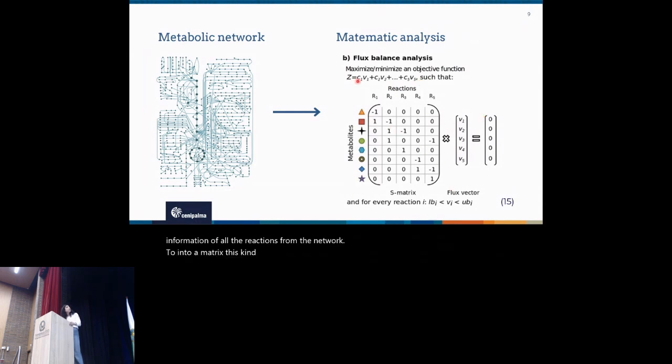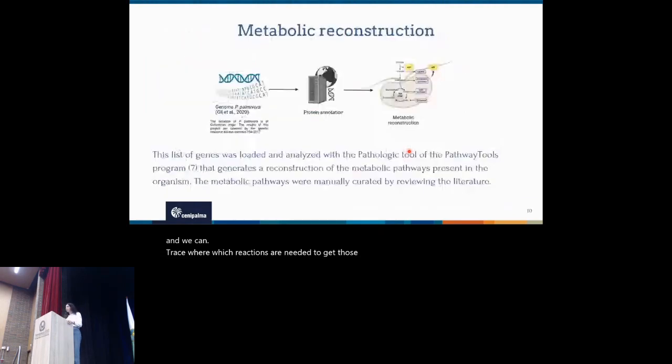This kind of matrix where we have the reactions and the metabolites or compounds, and we have the stoichiometric information, and we optimize the production of some compounds. What all this means is that if we know that biomass is like amino acids, lipids from the membrane, etc., we can optimize the production of those compounds, and we can trace which reactions are needed to get those biomass compounds.